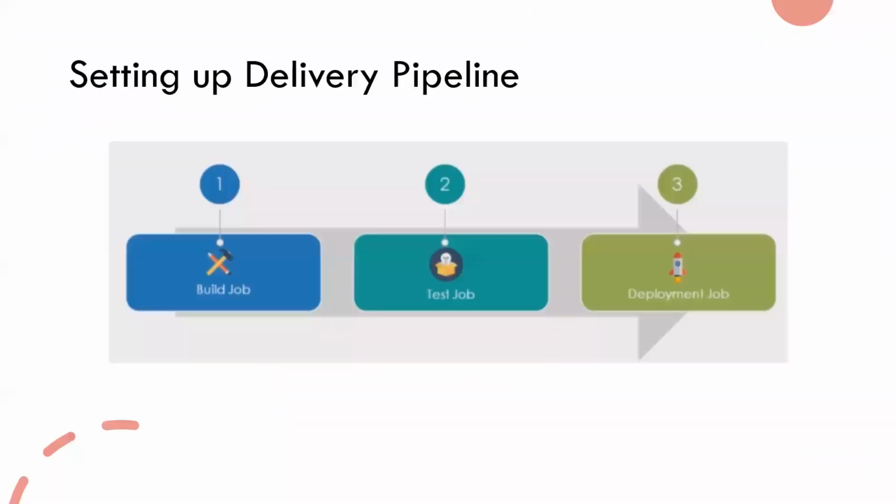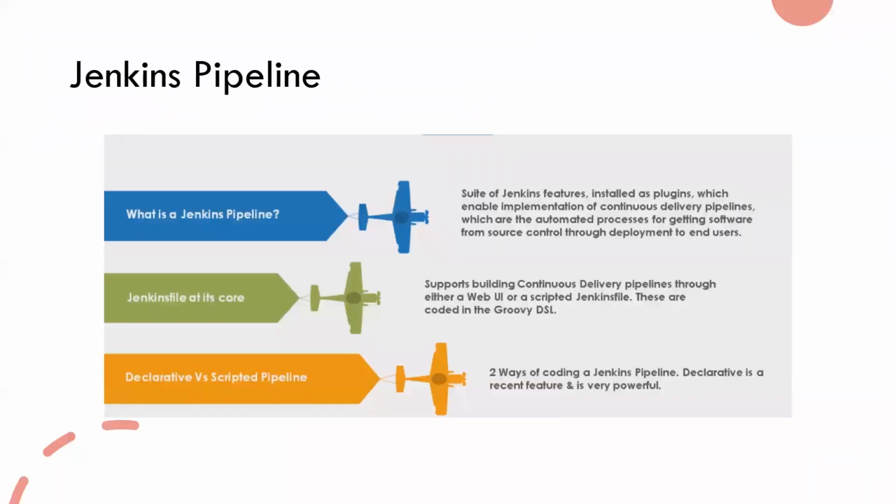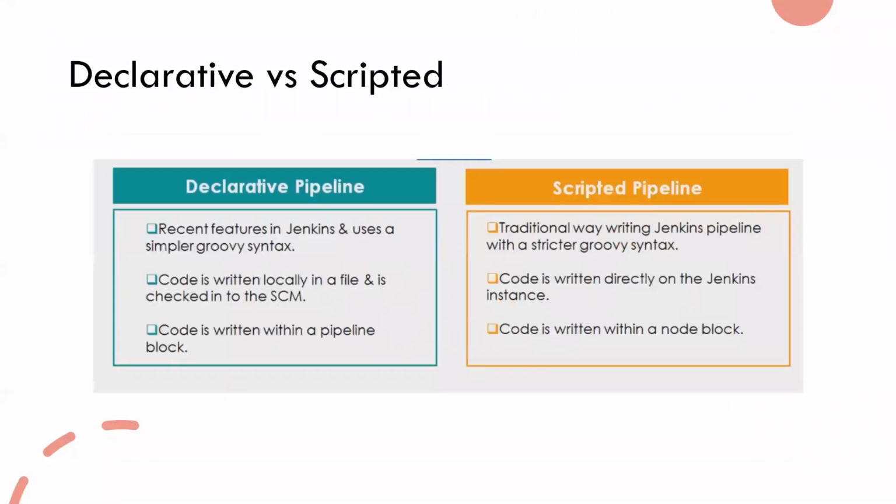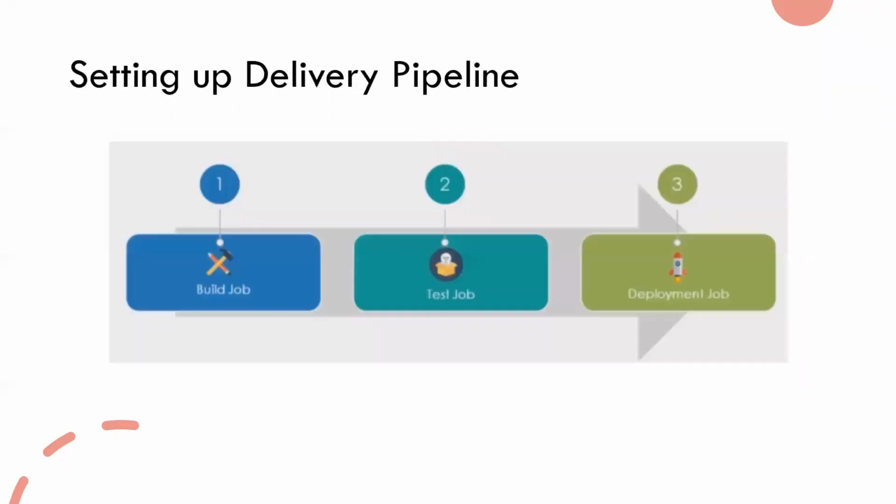Now, meanwhile this is happening, let's not waste time here. Let's see the differences between the declarative and this. Before that, let's try to see some of the pipeline, how you write the pipeline.